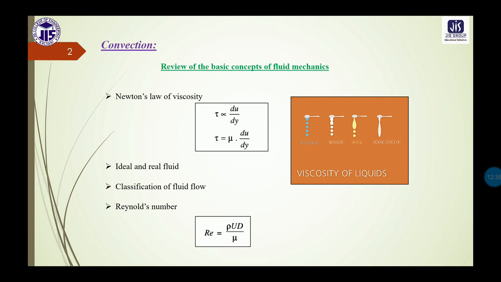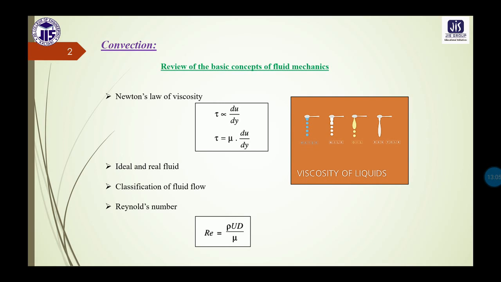Now there are more classifications of fluid flow. So what are those? Like steady and unsteady flow, uniform and non-uniform flow, laminar and turbulent flow, next compressible and incompressible flow, then rotational and irrotational flow, then one-dimensional, two-dimensional and three-dimensional flow.